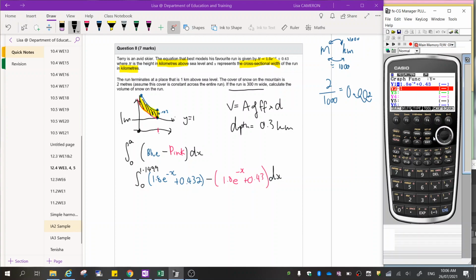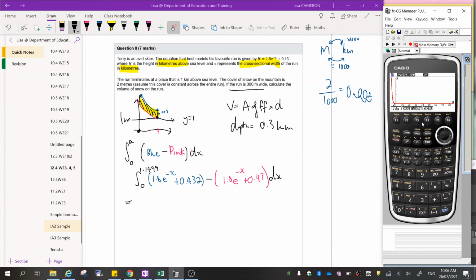Now I do have options here. If I get rid of this function, I can do it in the graphing section and work it out by just, standard. So 1.8 e to the power of negative x with my x plus 0.43, execute, draw, and now I'm going to G-solve.